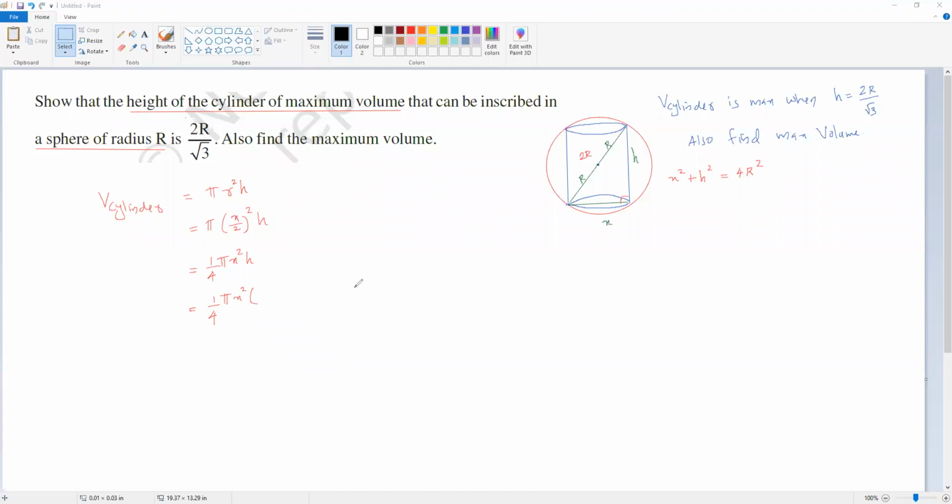You can substitute for x square or you can substitute for h square, doesn't matter. Even if you substitute for x, it is not a problem either. So it is 1 by 4 pi into (4r square minus h square) into h.